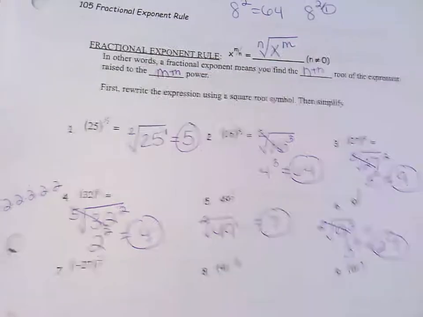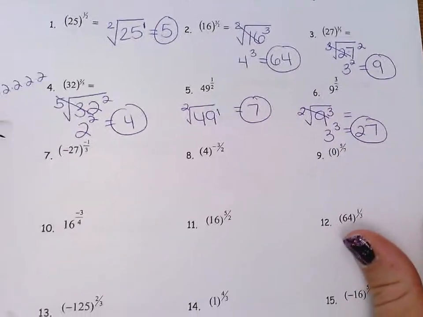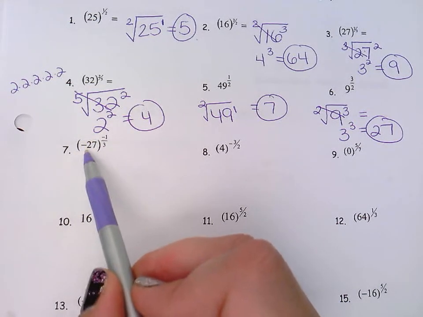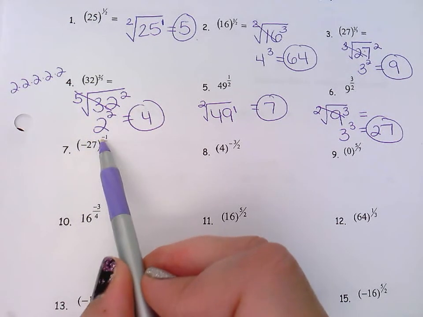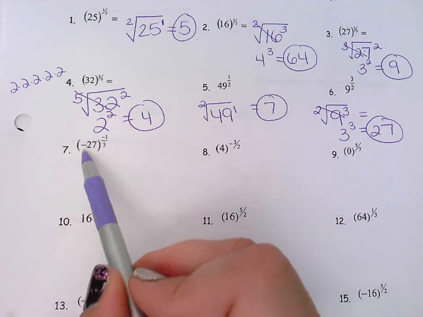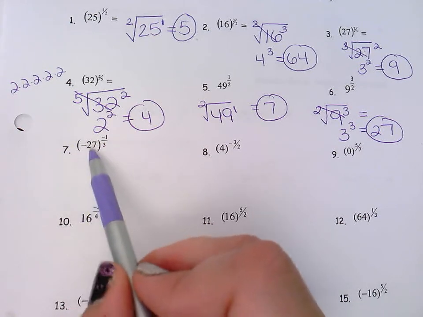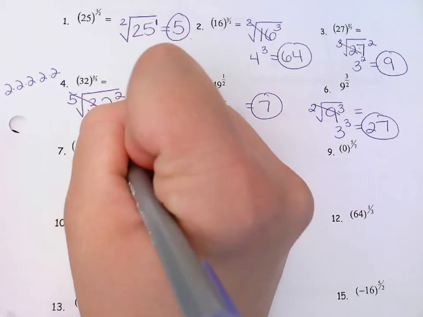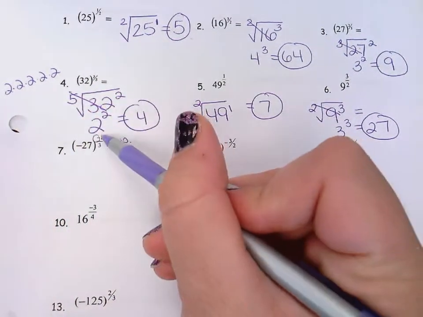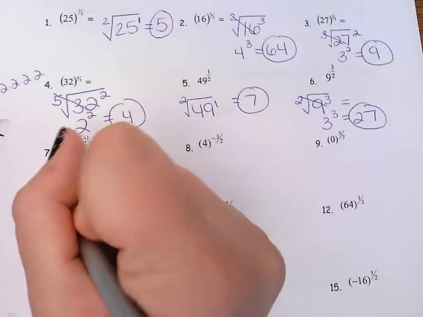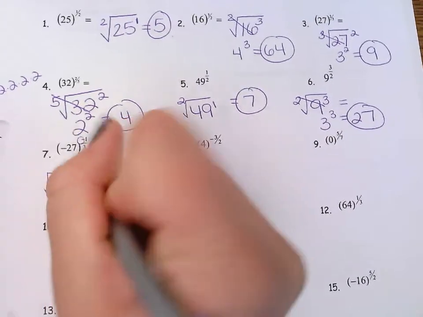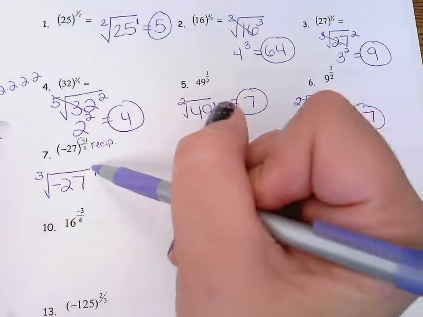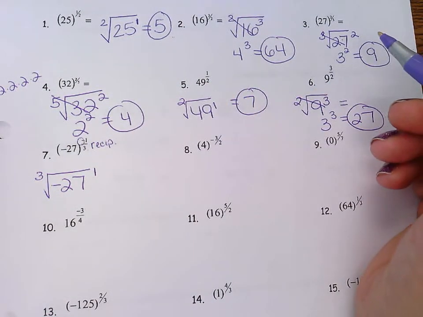So now we get into some problems that have negatives. The negative with the 27 is different than the negative with the fraction. This negative sticks right with the number. This negative tells you to take the reciprocal at the end. So I'm taking negative 27, I'm cube rooting it, and I'm raising it to the first power, and I'm going to remember to take the reciprocal at the end.